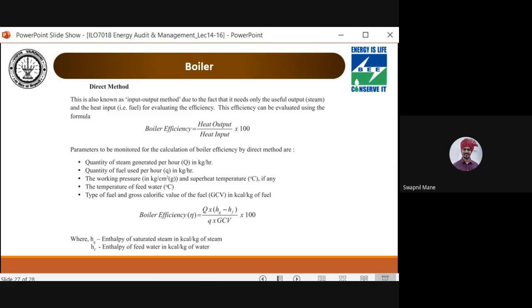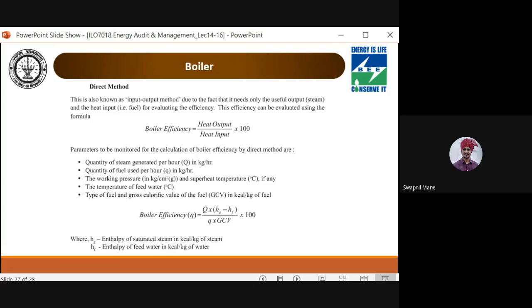It will require larger time to calculate. So you will ask me when I should go for the direct method or the indirect method. If your whole process depends upon the boiler, if the boiler is the heart of the system for the industry, then I will suggest that you go for the indirect method of boiler efficiency calculation.